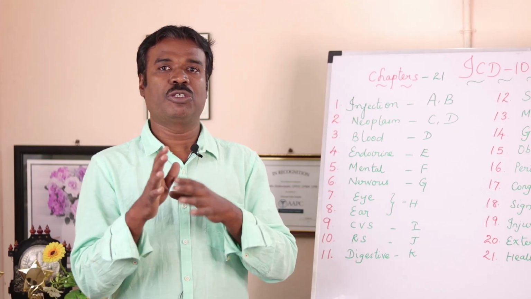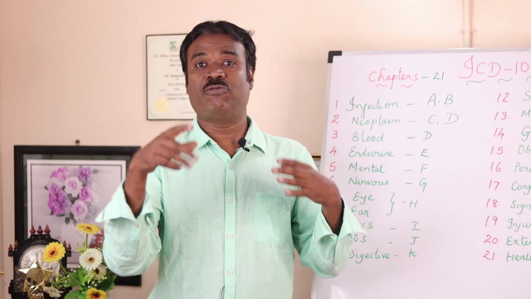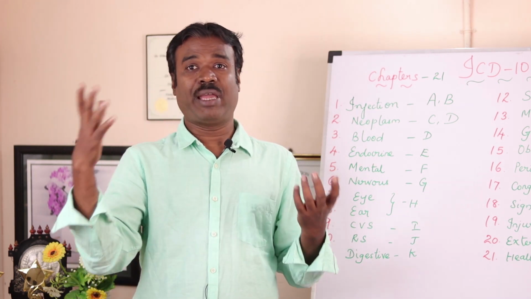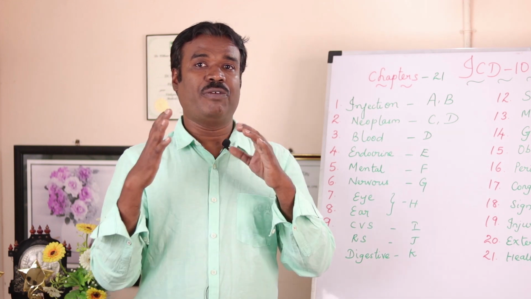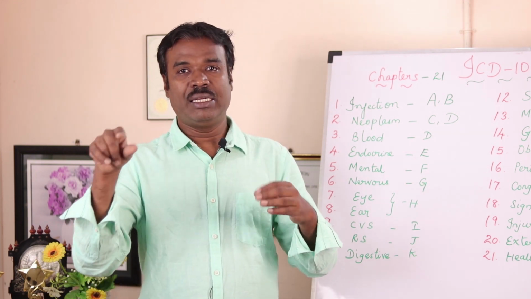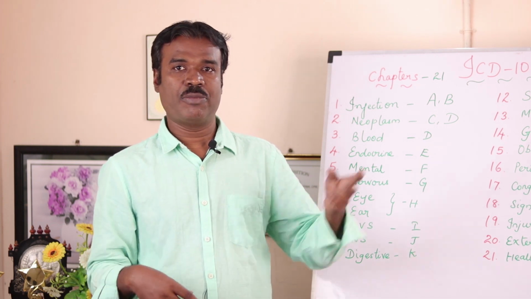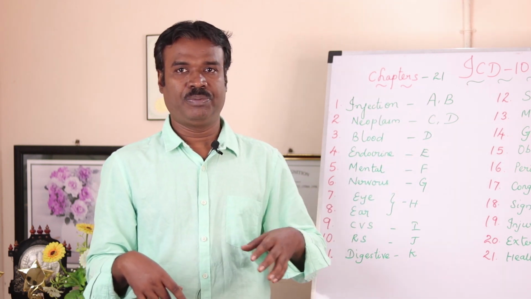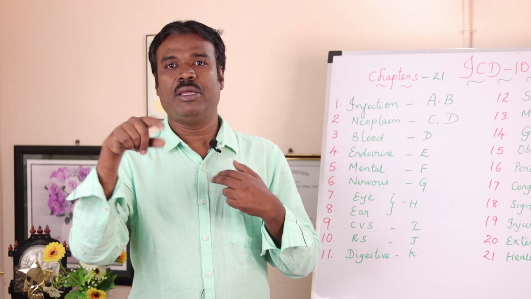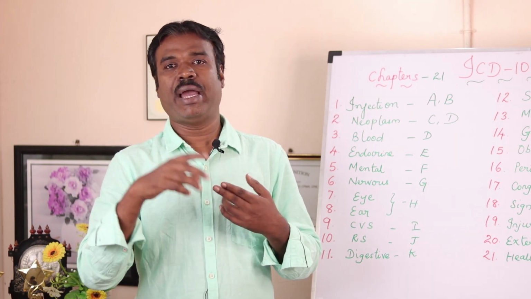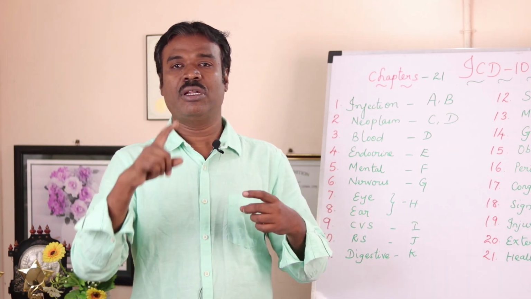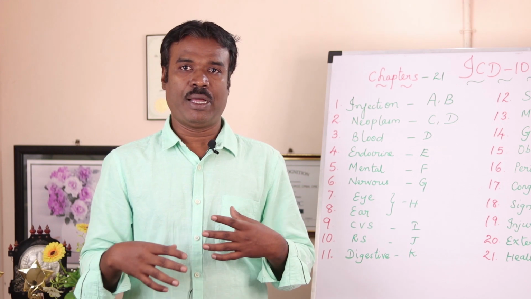See, tumors, you should know either C or D. C is for cancer. So malignancies will start with C, and D, benign neoplasms or in situ neoplasms, would start with D. This you should know. AB is for infection, C is for cancer, D is for benign neoplasm.